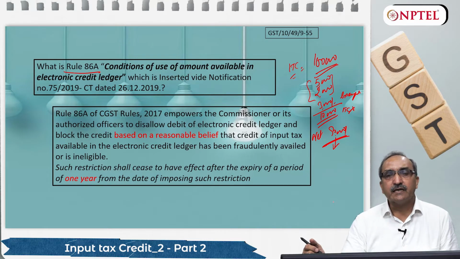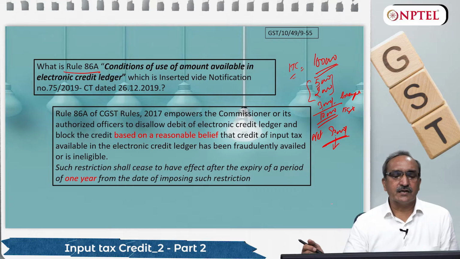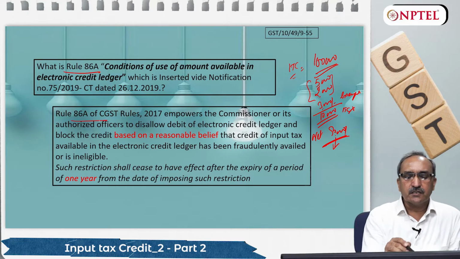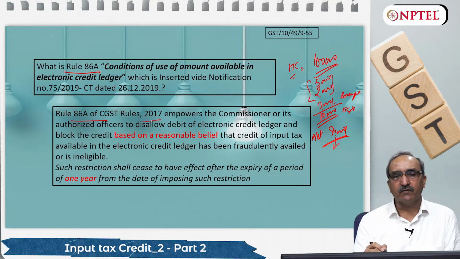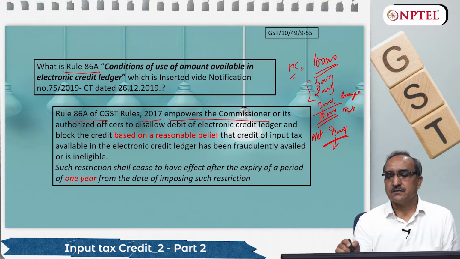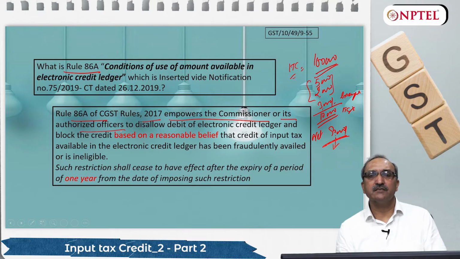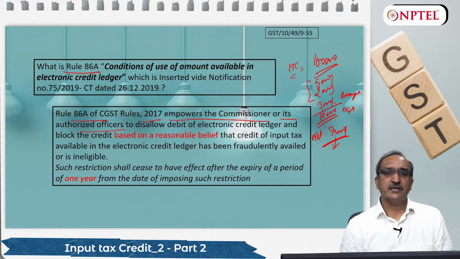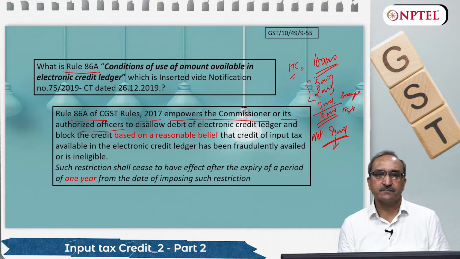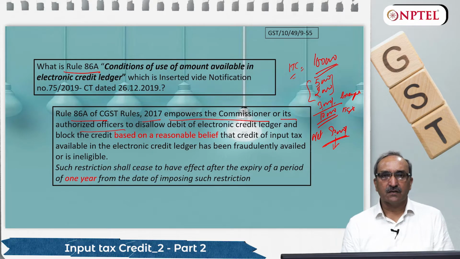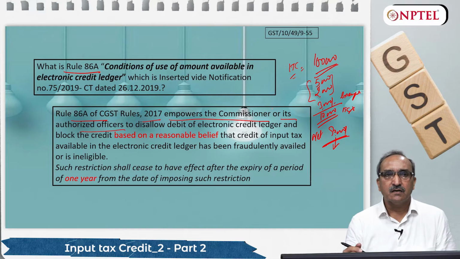So it gives powers to officers of the department. Rule 86A of CGST Rules 2017 empowers the commissioner or its authorized officer. Commissioner means CGST office in charge or state government in charge in the state. So commissioner of CGST or commissioner of SGST has power through this rule.